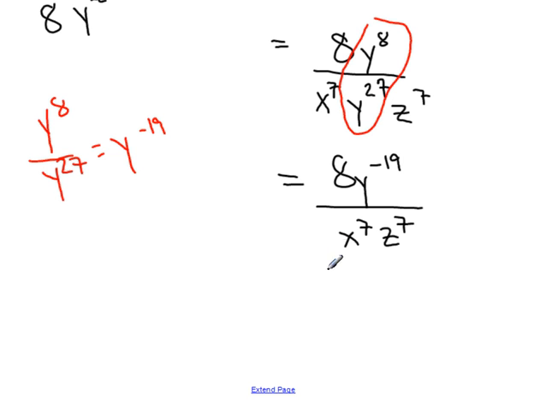But all the exponents have to be positive, so I'm going to have to move that y to the negative 19 to the denominator. So I get 8 over x to the 7th, y to the 19th, z to the 7th.